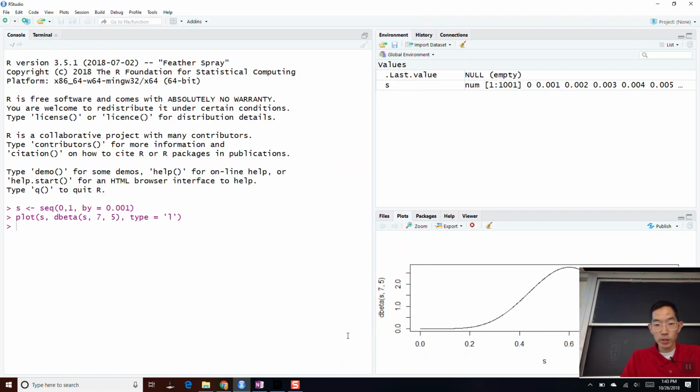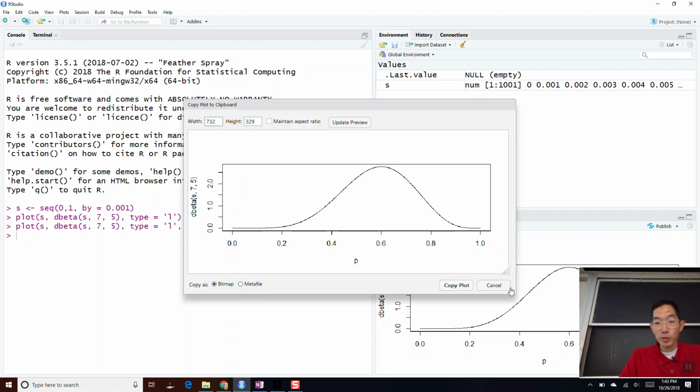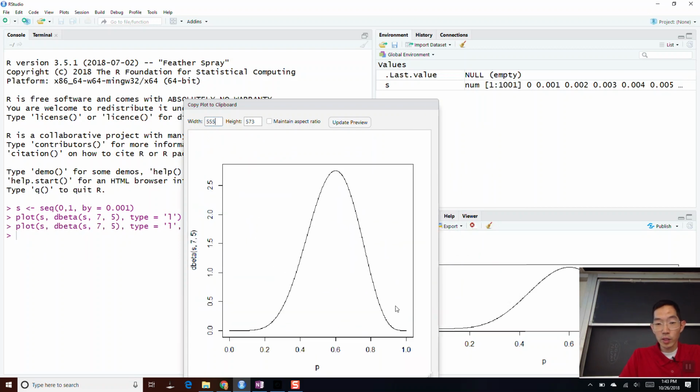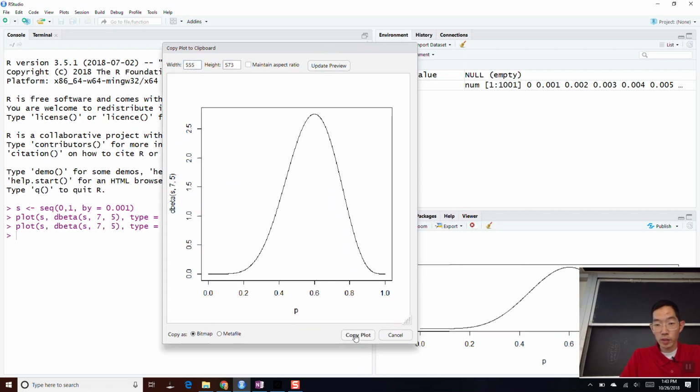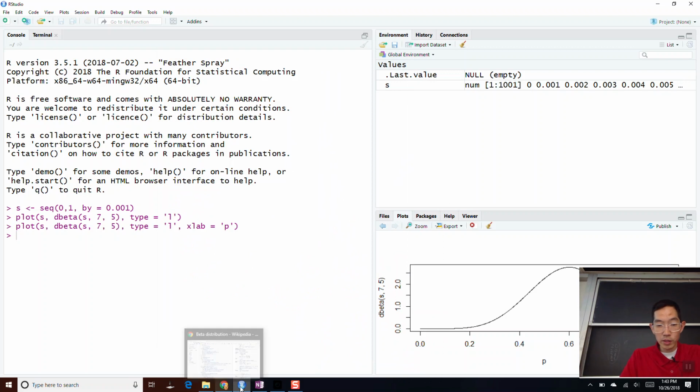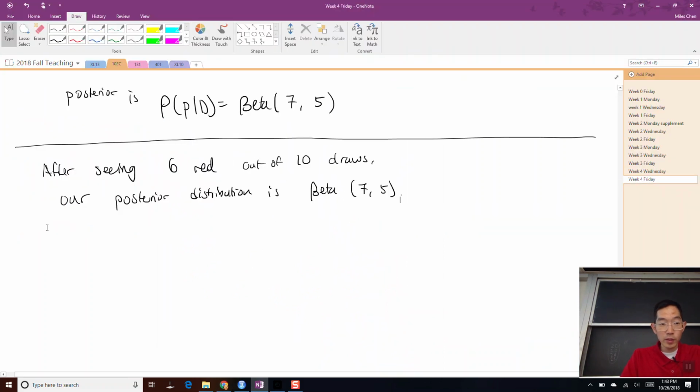Okay, let's copy that. Oh, I should have said X label is P. Okay, so that's what we want. We're going to export this, copy to clipboard, copy this plot. Let's throw it in our thing here.